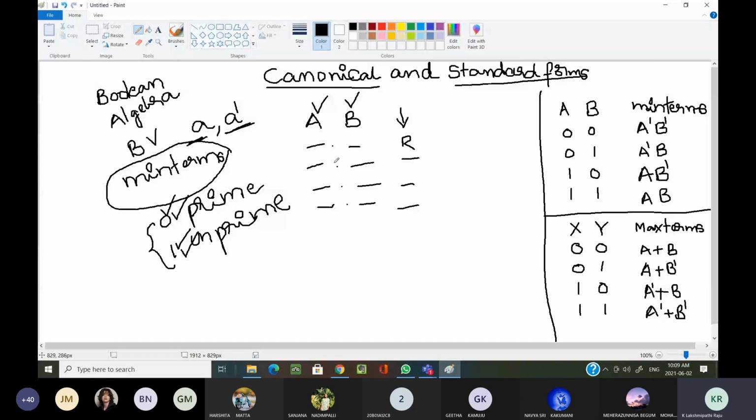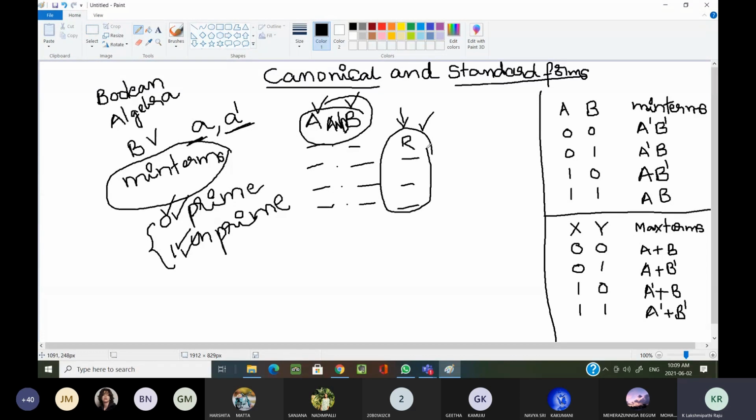In that way, if I apply the binary AND operation among these two variables, the result I get is the minterms.